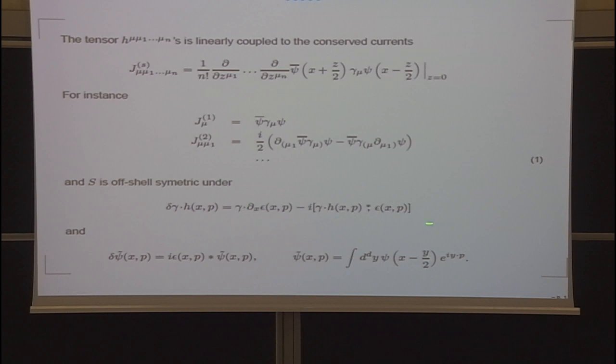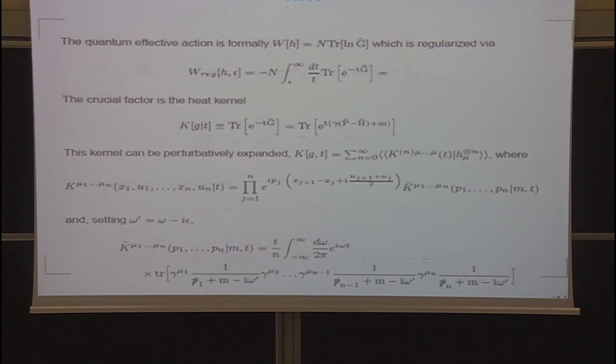This looks very much like an ordinary gauge transformation, except that this is made in the phase space and with the star product. As I mentioned before, the star product contains infinitely many terms, infinitely many derivatives. Okay, this is the other transformation.